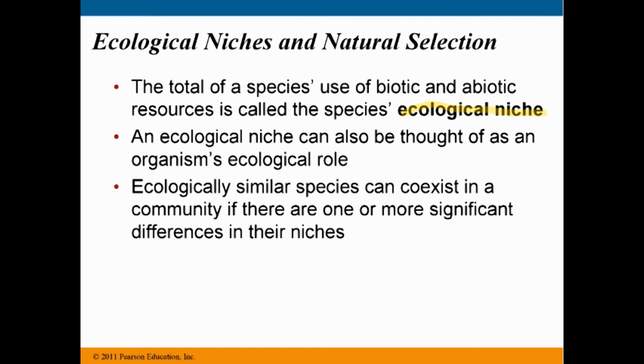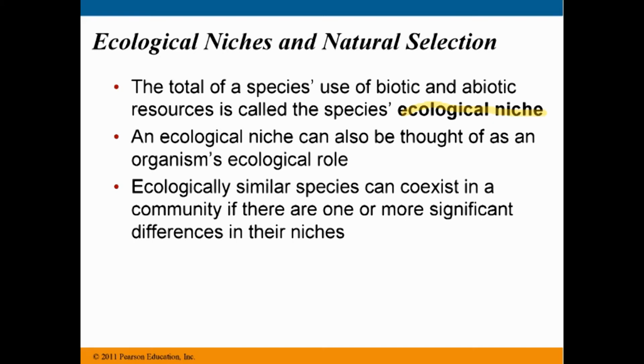So you're looking at what that organism might eat and where that organism might live in terms of water supply and housing supply as well. An ecological niche can be thought of as that organism's ecological role, what that organism does within its particular localized environment.